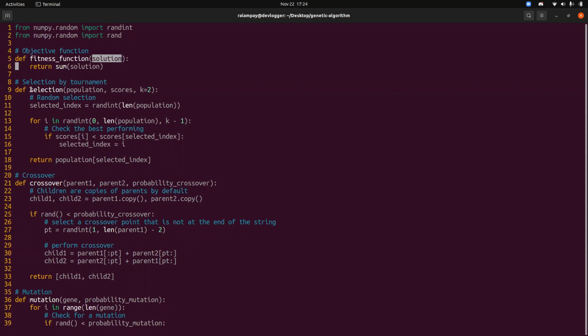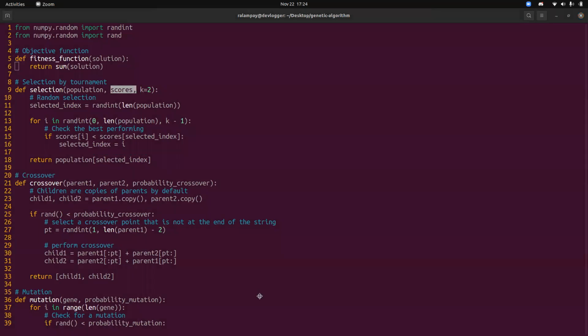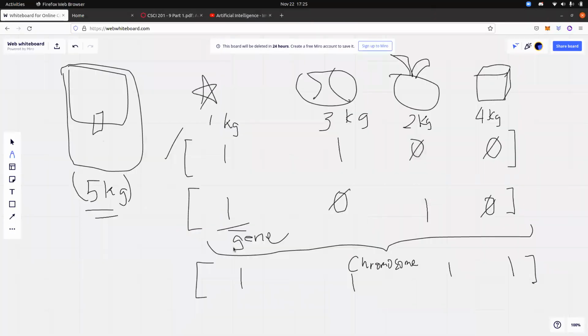And eventually, in order for us to perform selection, we need all our solutions plus their corresponding scores. So the fitness function should return the score of a certain solution.